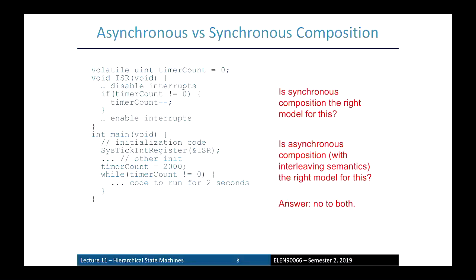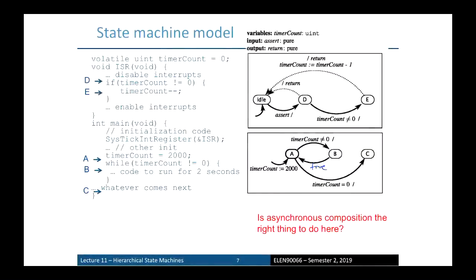Synchronous composition has a bit of a problem. If we allow these two things to go in lockstep, you could imagine that if we're in, say, idle for the ISR, and we're at point A in the code, and we get a reaction, so this reaction is allowed, right? Timer count's not equal to 0, and at the same time an interrupt comes in.